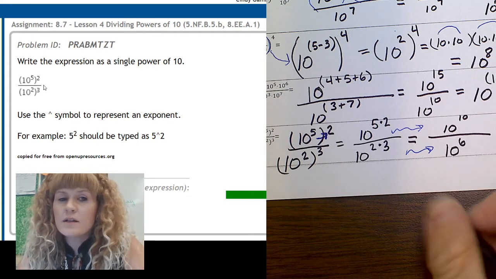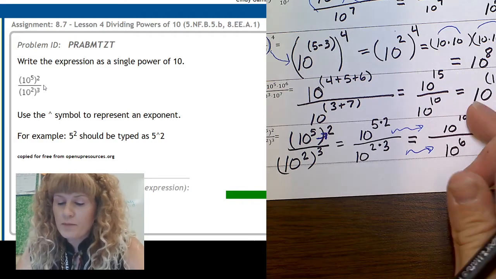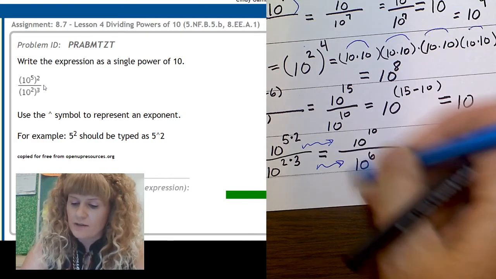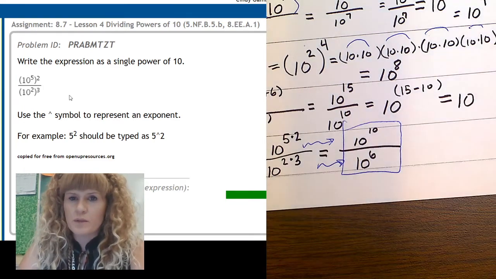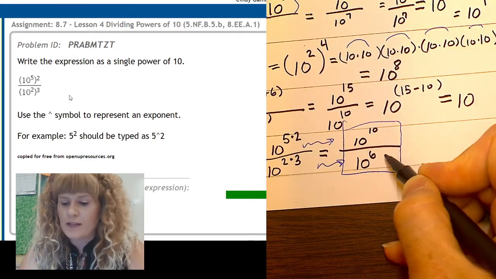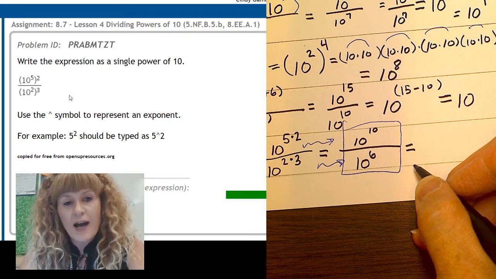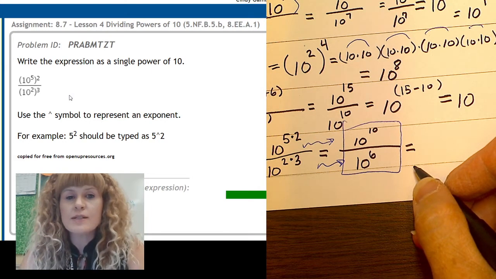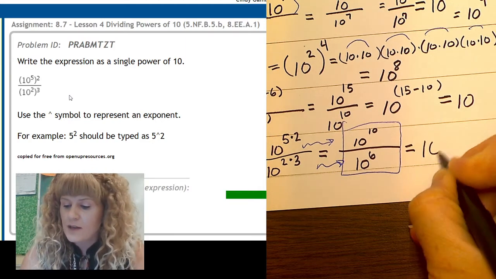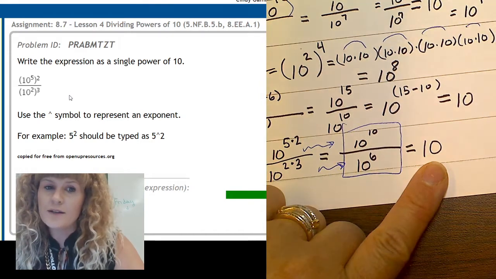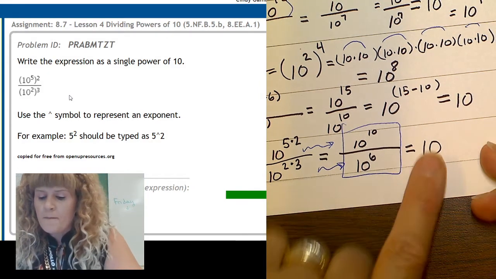We're not done yet. Now that we simplified the numerator and the denominator, we need to simplify the whole expression. We need to use the quotient rule: 10 to the power of 10 divided by 10 to the 6th. Remember, when you divide the same base, you subtract your exponents. So this is 10 to the power of, and I'm going to stop writing to make sure you can do it.